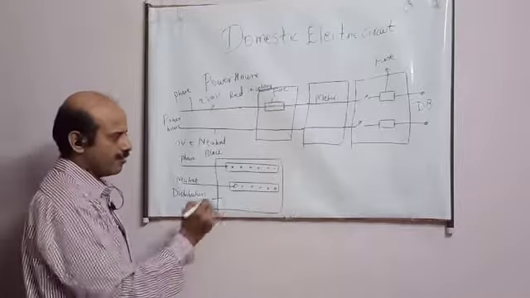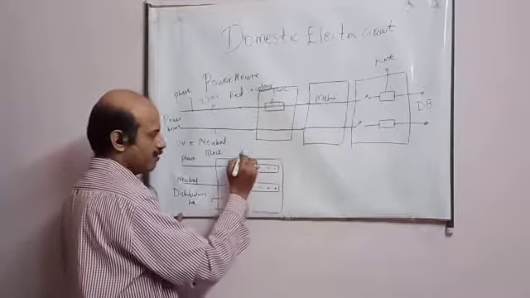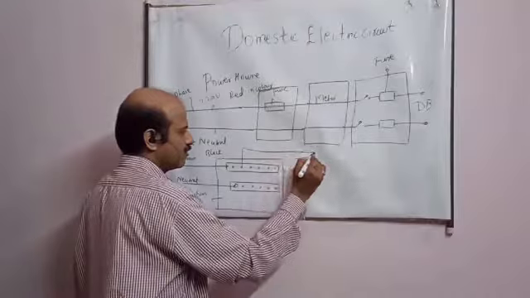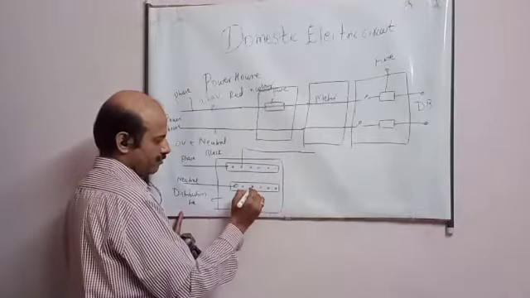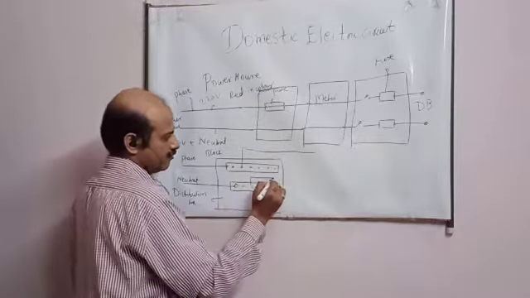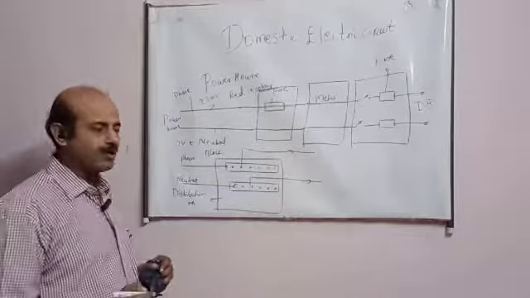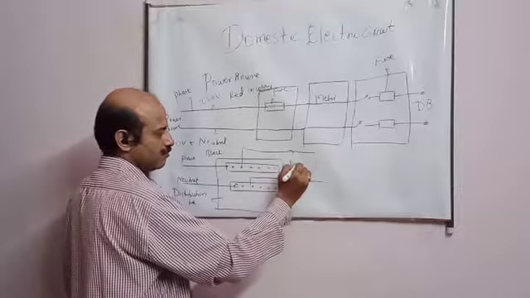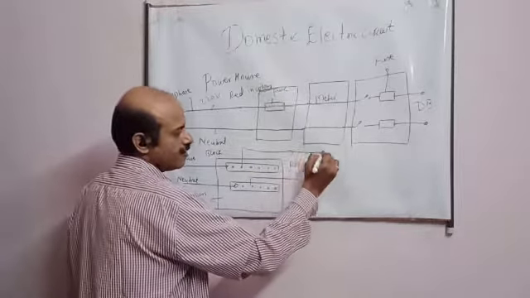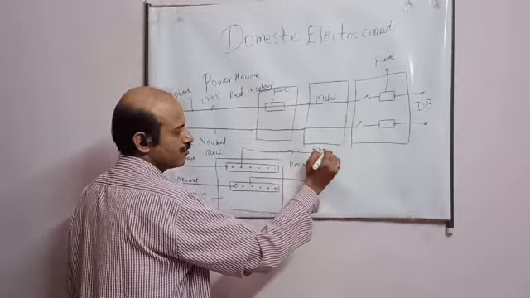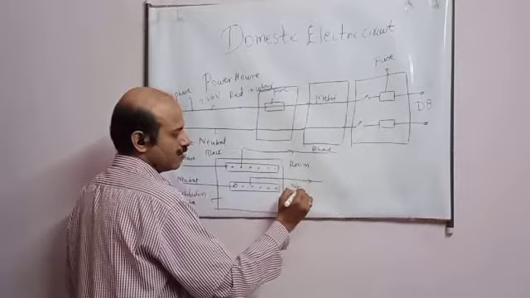Now from here, student, one pair goes to a room, say one from here and another from here. This goes to a particular room. Remember, student, this is phase. This is neutral.